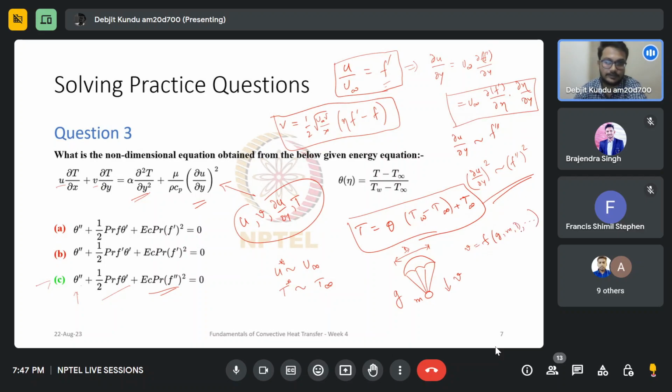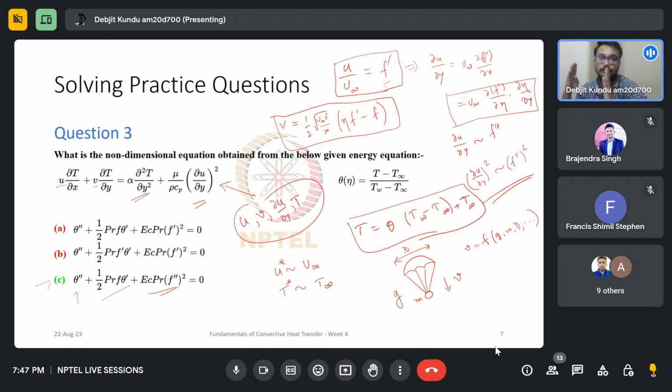Now let's say I want to design this for the Mars rover, which is getting down on Mars. There's a balloon and all, and the atmosphere and gravity of Mars are different, but I want to replicate the same thing while doing the experiments here on Earth.